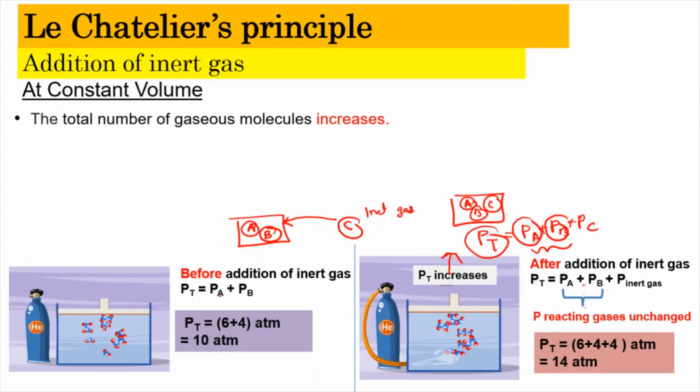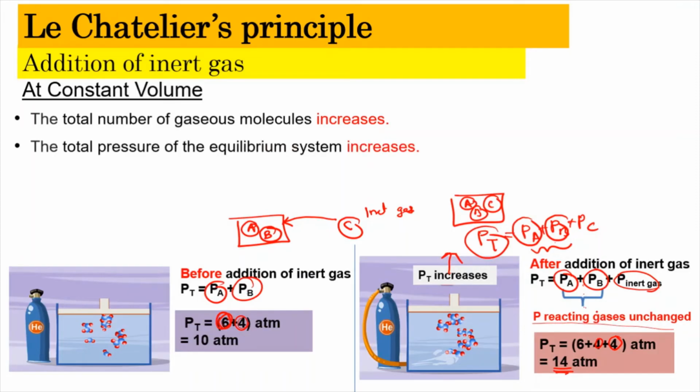So, initially, the concentration of A may be 6 and the concentration of B going to be 4. Then, if you add inert gas, which is 4, the total pressure will increase to 14. However, PA is still maintained at 6, and PB will still be maintained at 4. So, the partial pressures remain unchanged.